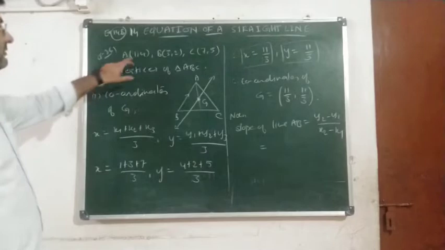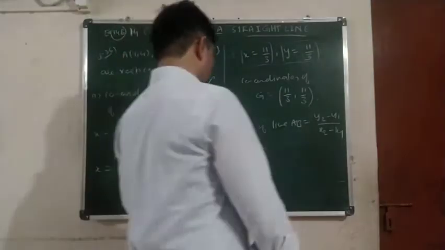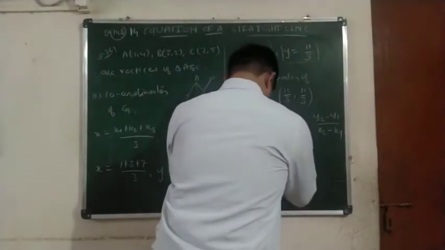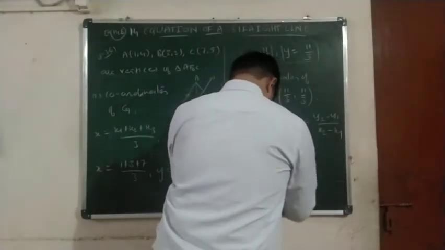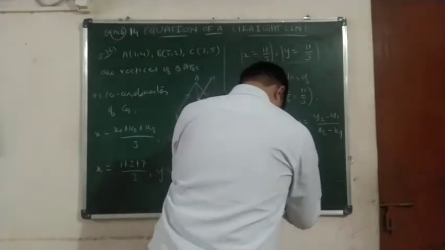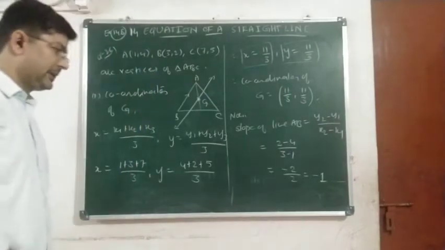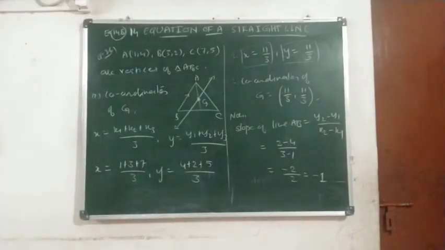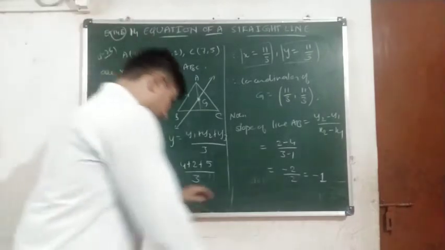We have the coordinates x1, y1 and x2, y2 of A and B. So let us put the values: 2 minus 4 upon 3 minus 1 equals minus 2 upon 2 equals minus 1.